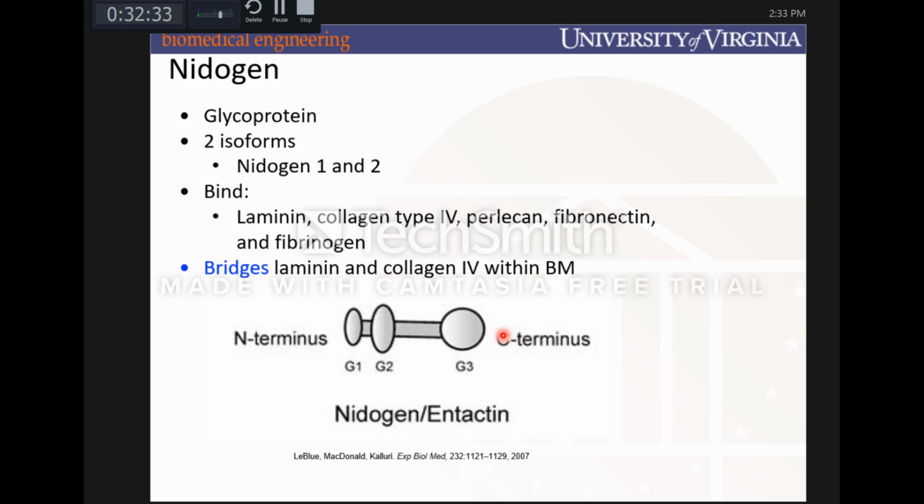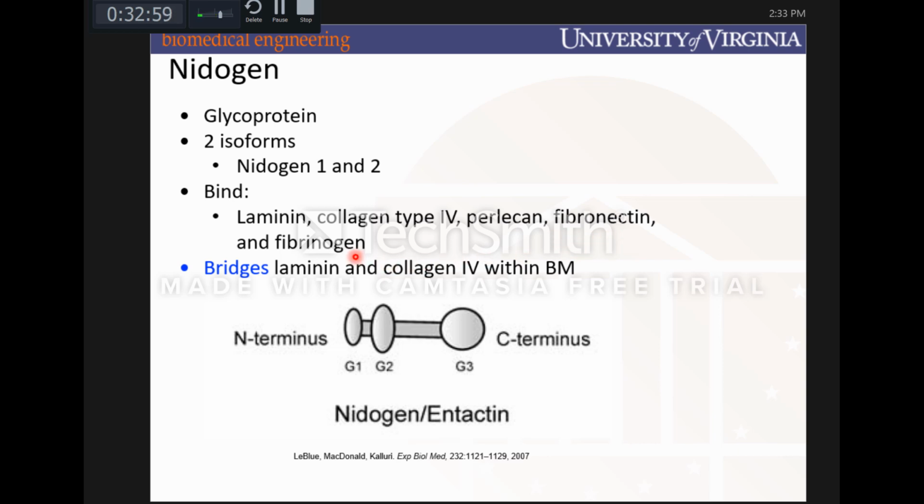So nidogen is one of the small guys. It's a glycoprotein, 2 isoforms. And like I said, it'll bind laminin and collagen 4 together. So it's kind of one of those cross-linking agents with a bunch of other molecules too. Fibronectin, we'll talk about in a little bit, is the kind of ECM component that basically just lets cells know what's going on. It's less structural and more of a functional readout for cells.